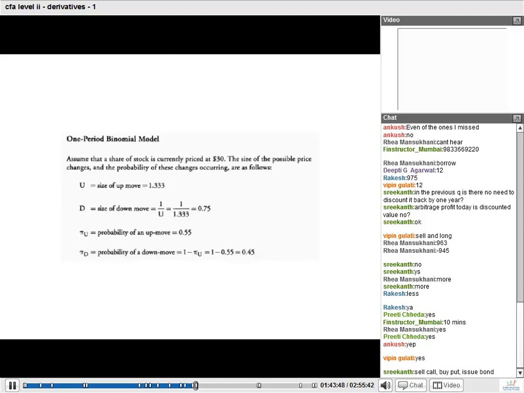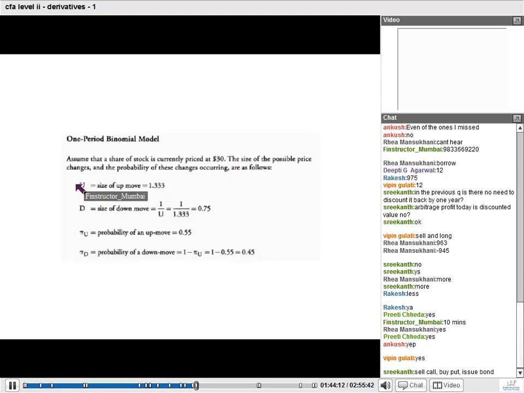or a put option. Now, what we're going to study is the method of option valuation by using binomial trees. So, assume that a share of stock is currently priced at $30. Please recall we studied binomial trees while valuing fixed income securities.